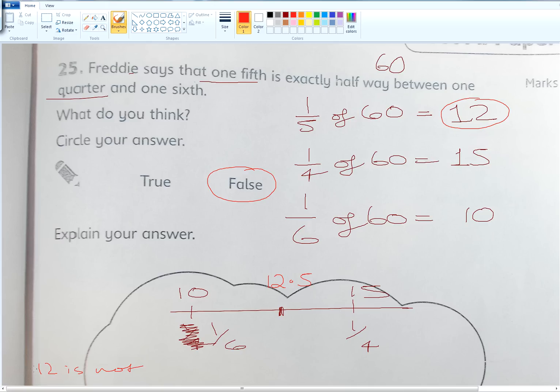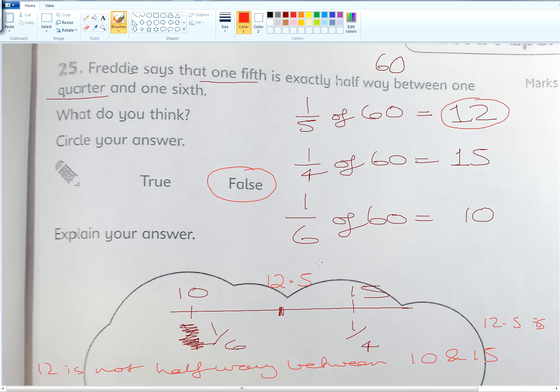Okay, so 12 is not halfway between 10. What was it? Between 10 and 15. 12.5 is. No, so you're supposed to write 1/6 and 1/4. Yeah, so we're just talking about this number there, 12 and this 1/6.